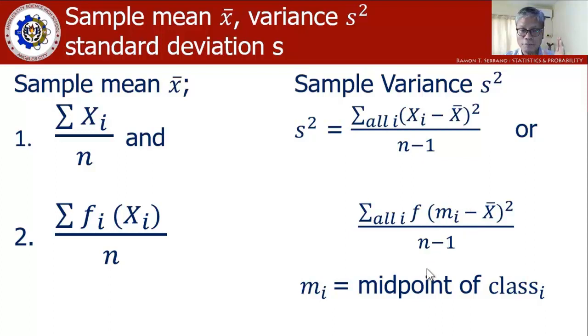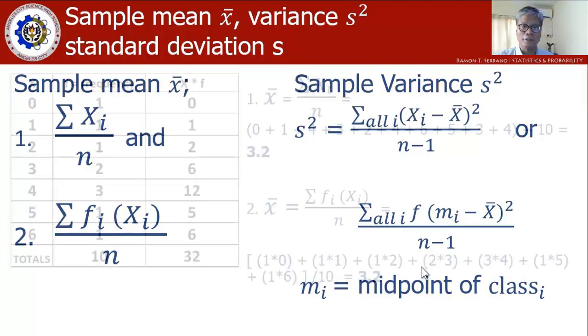Or if you have frequencies, you have the frequency multiplied by the square of the midpoint minus the mean. Of course, the midpoint could be x if it's a singular grouping, or if you have groupings, you take a look at the midpoints. And again, the one that you have to take note of is the denominator, n minus 1. So we subtract 1 from the denominator.